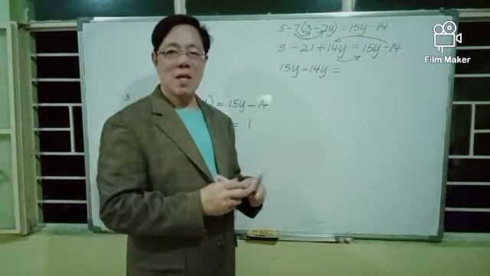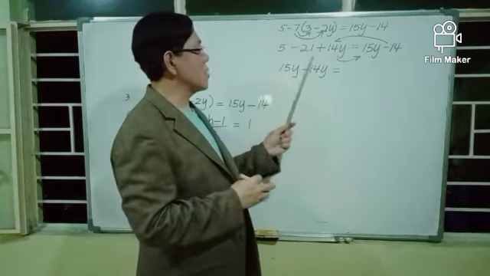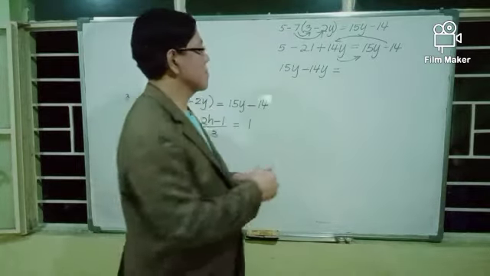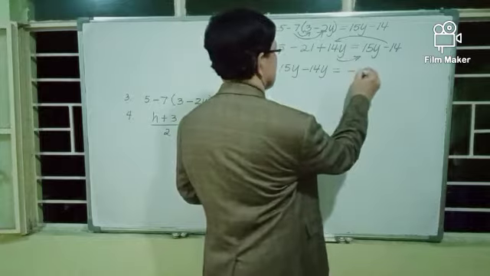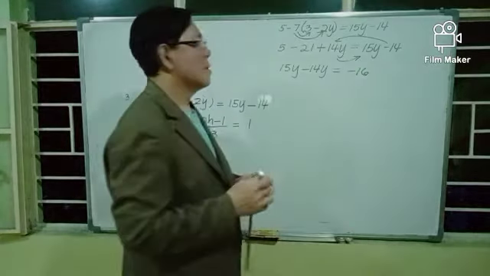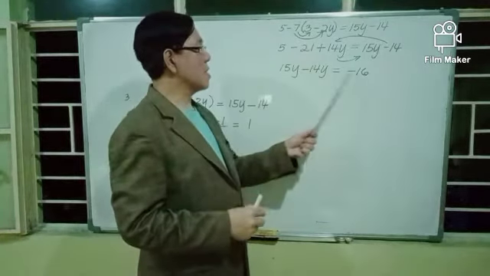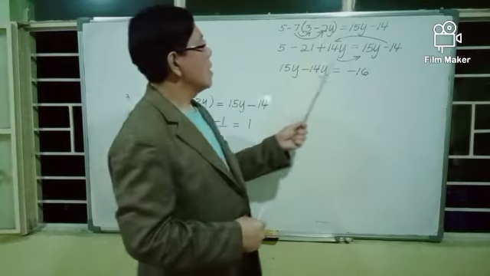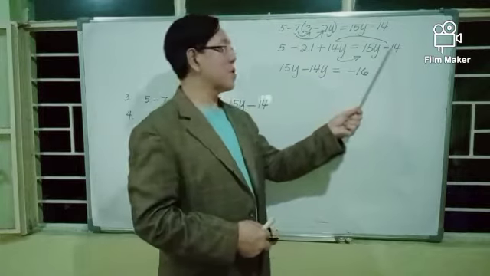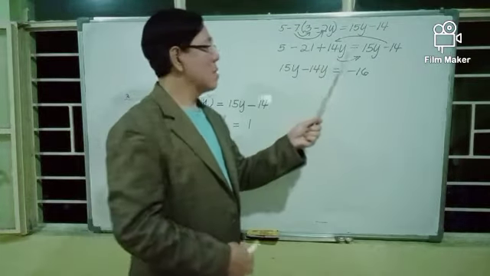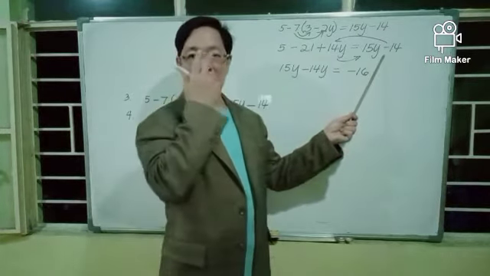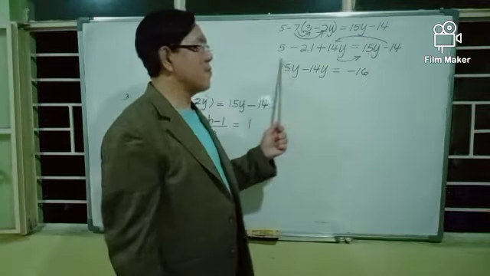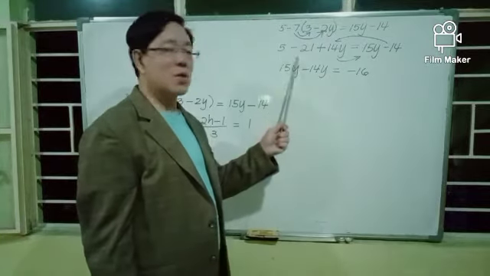You may already get the difference of 5 minus 21, and you get negative 16. And we transpose negative 14 to the left hand side. We take the opposite sign of negative 14, it becomes positive 14 after transposition to the left hand side.